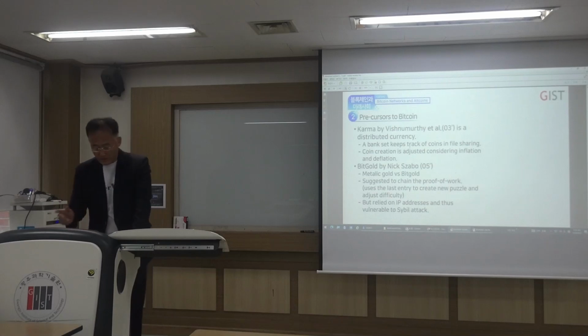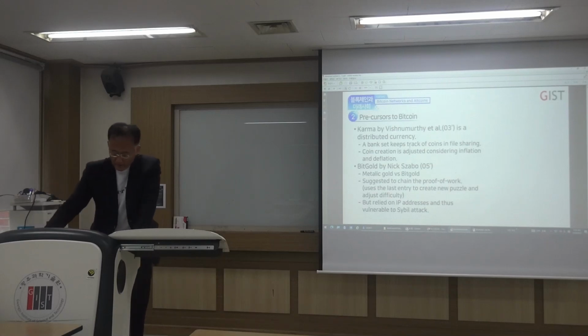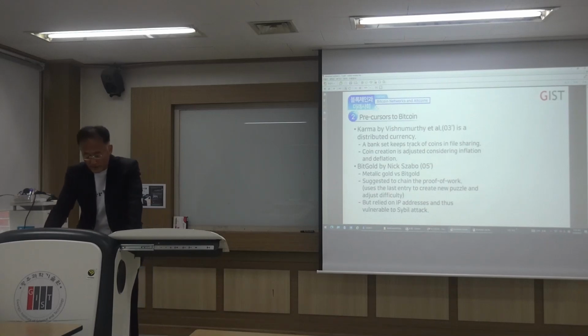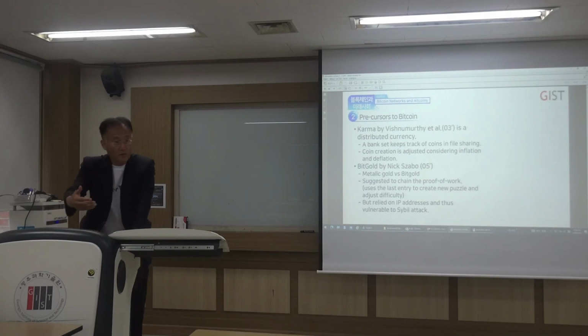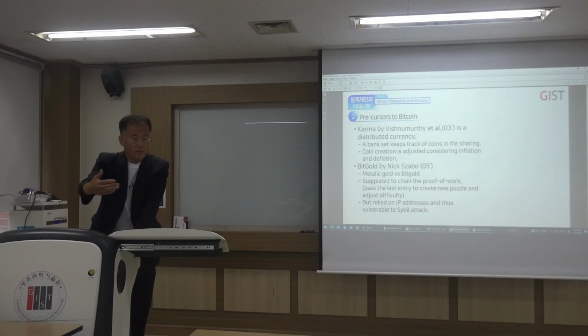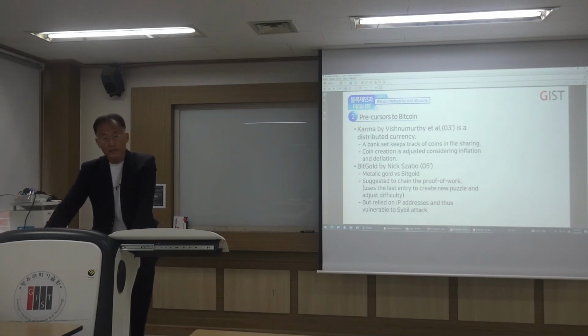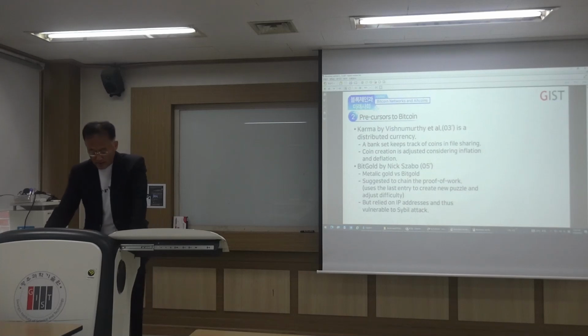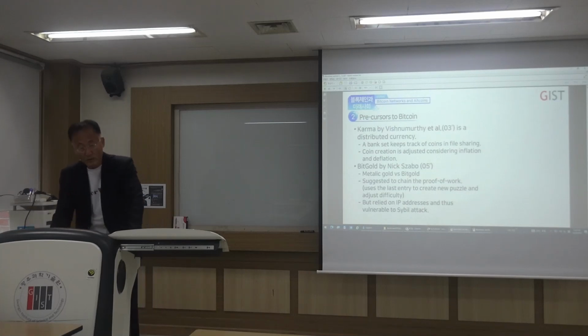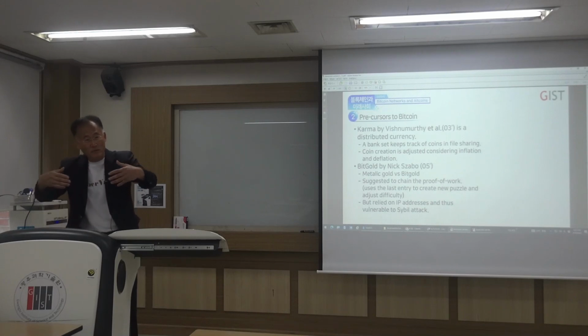So basically, files are shared among these shared nodes, and in order for them to provide the computer memory to the network, coin was created and given to them. So it is getting very close to what Bitcoin is doing, right?